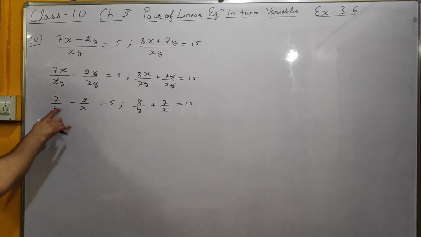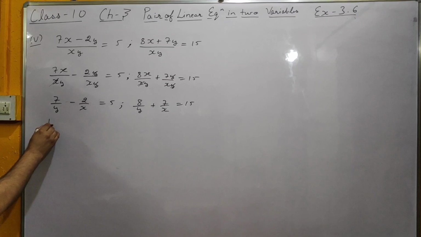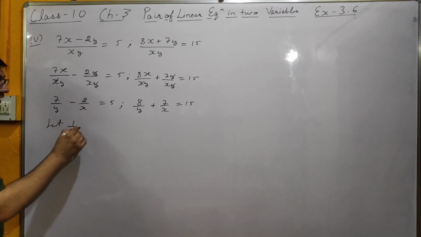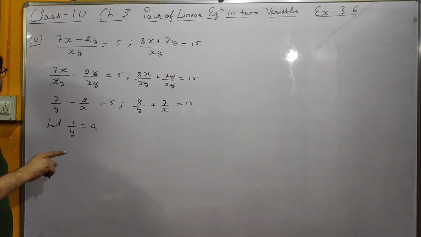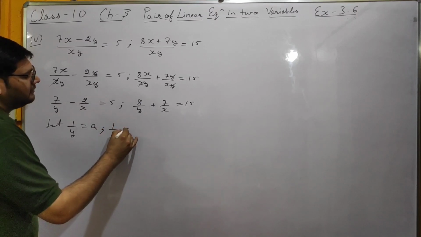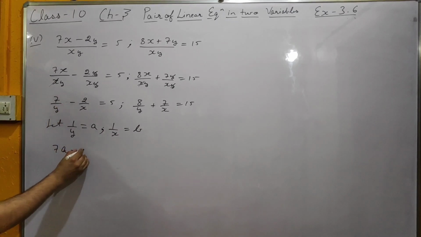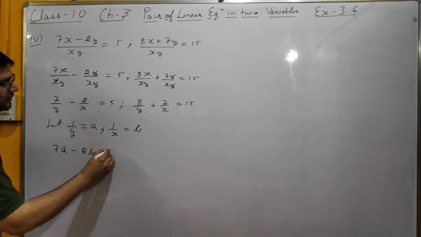So as we can see, 1 by y and 1 by x are common. So we will say let 1 by y equals to a. This time 1 by y is equals to a. And 1 by x equals to b. So it will be 7a minus 2b equals to 5.